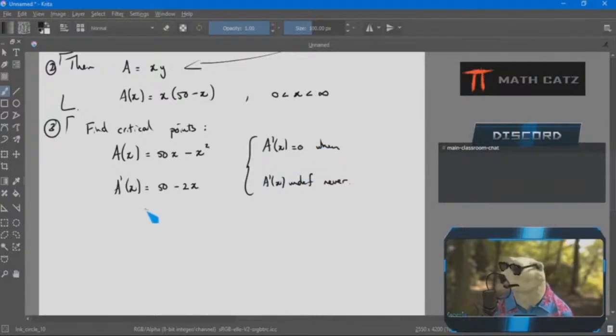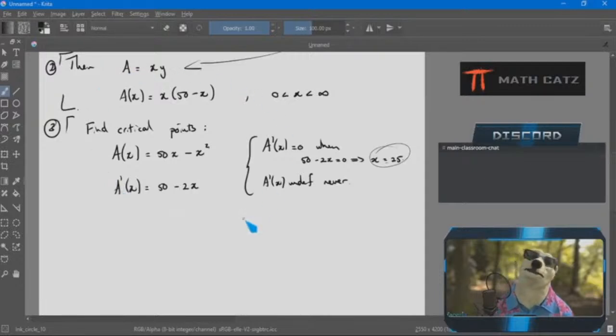So for the 0, I could just set this equal to 0, and then solve for x. Let's maybe have some space over here, and that is going to give me x equal to 25. So that is the only point that I'm getting out of this. It does fall in my interval, so I want to consider that.